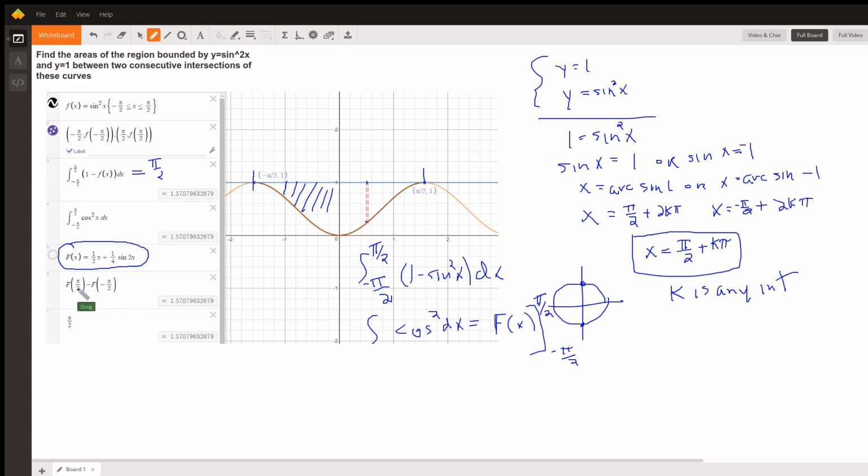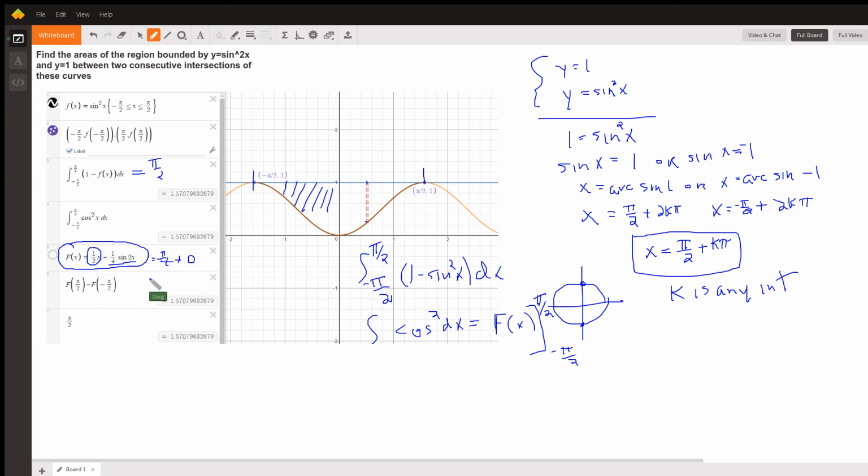So if I put pi over 2 into the f function, I get pi over 4 for this term. Half of pi over 2 is pi over 4. But if I put pi over 2 into this term, 2 times pi over 2 is pi. The sine of pi is 0. So that just becomes plus 0.